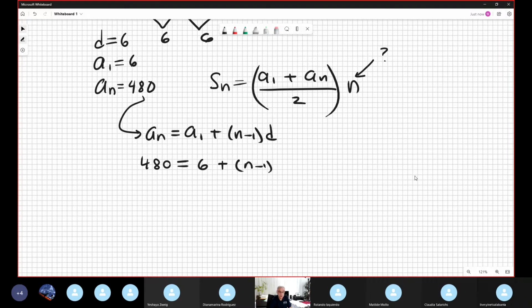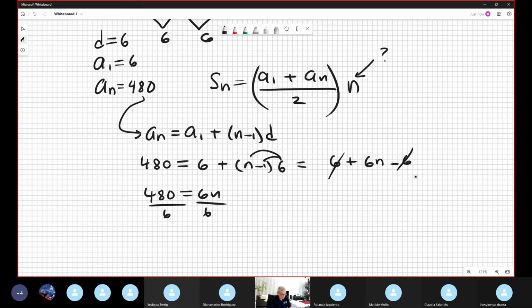Okay, you distribute here, it is 6 plus 6n minus 6. Cancel out this 6. 480 is equal to 6n, divided by 6 on both sides. The division is 80. n is equal to 80.